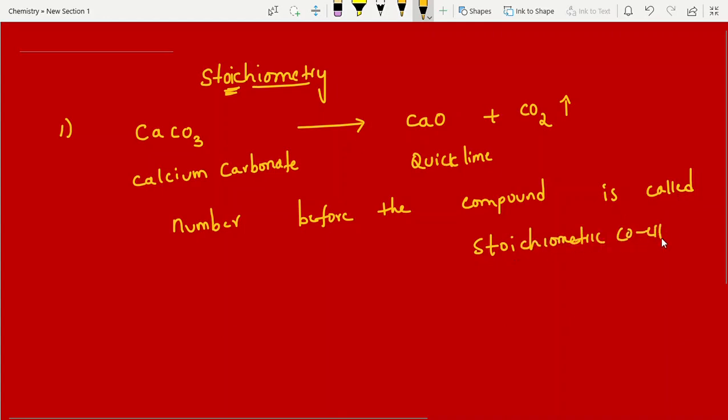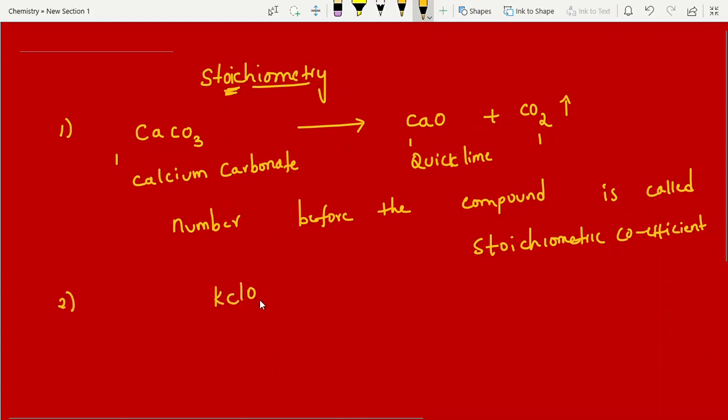If there is no number, then you can take it as 1. Here 1, this is also 1, this is also 1, like that. See here, 1 calcium atom, 3 oxygens, 1 carbon, balanced. After balancing the equation only, we have to express the stoichiometric coefficient. Clear?